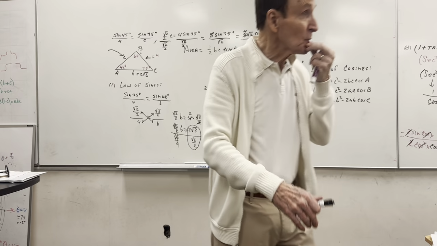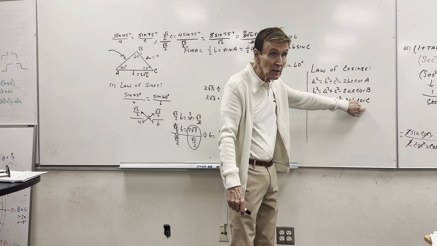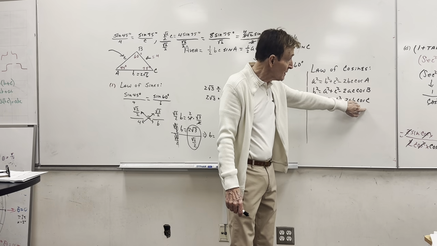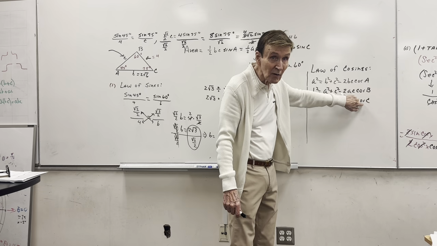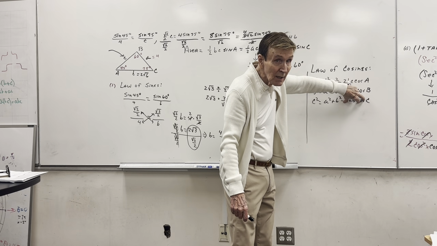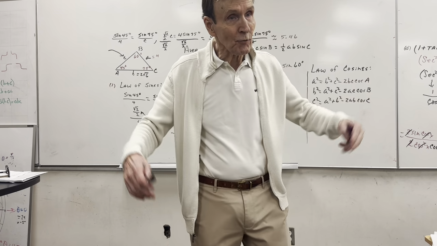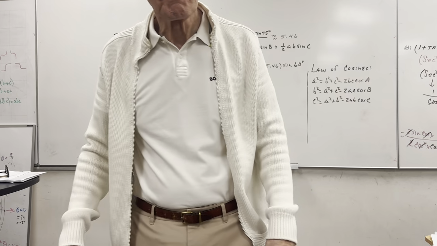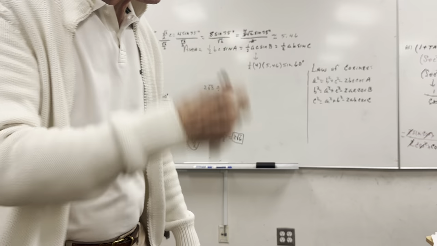So if this angle here was 90 degrees, cosine of 90, cosine of pi over 2 on the unit circle, is 0. That would force this entire term to drop out, and you're left with c squared equal to a squared plus b squared, if angle C is a right angle. So the Pythagorean theorem is just a special case of the law of cosines.